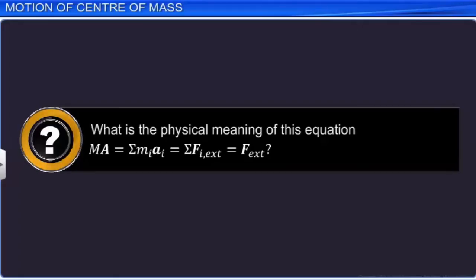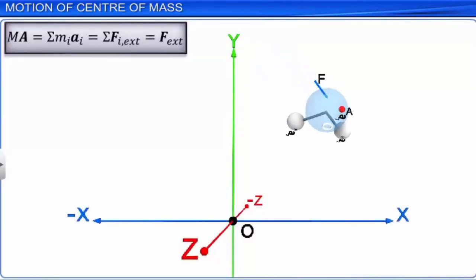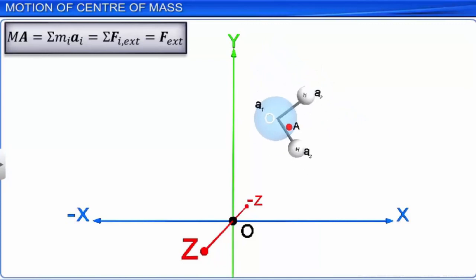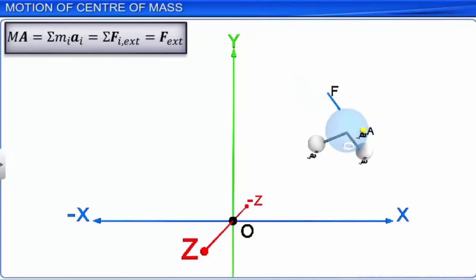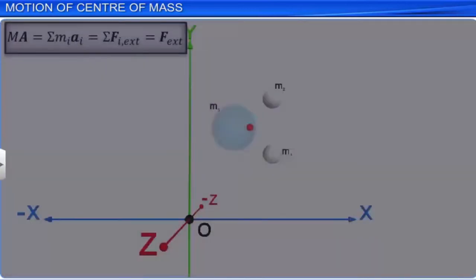What is the physical meaning of this equation? Ma is equal to sigma miai, which is equal to sigma Fi external and is also equal to F external. One, the motion of the center of mass of a system of particles is independent of the internal forces.